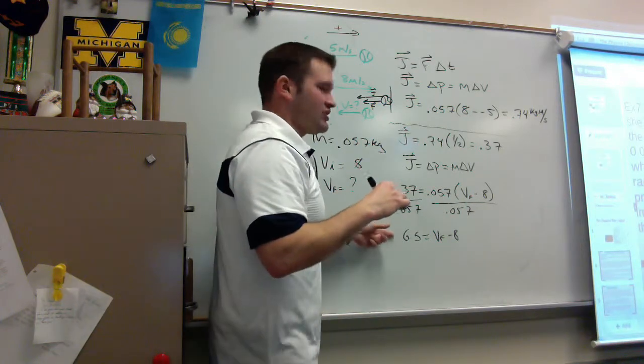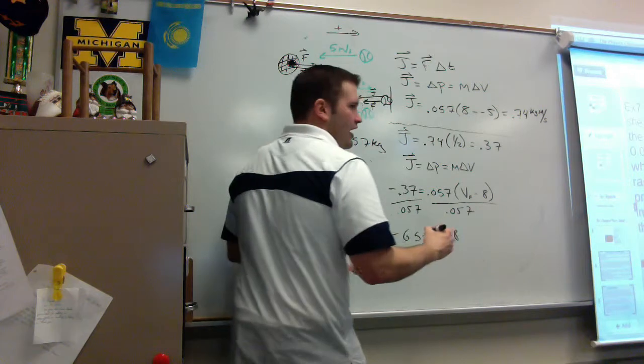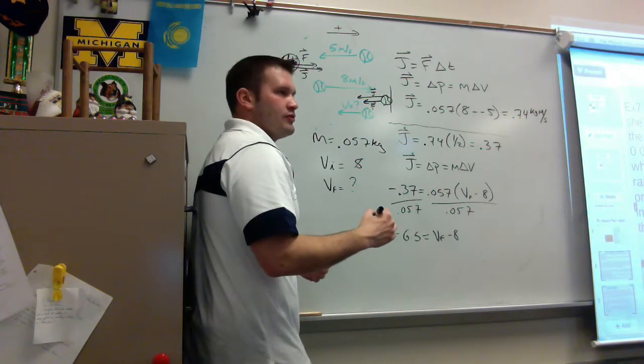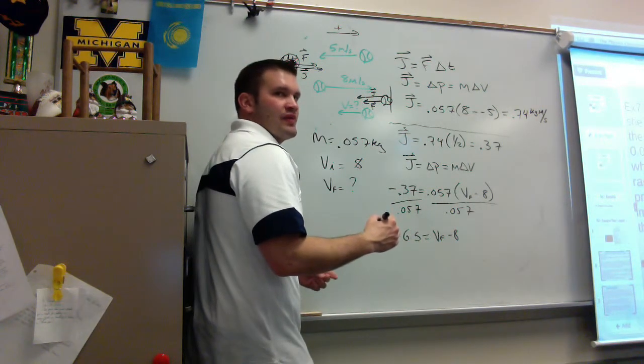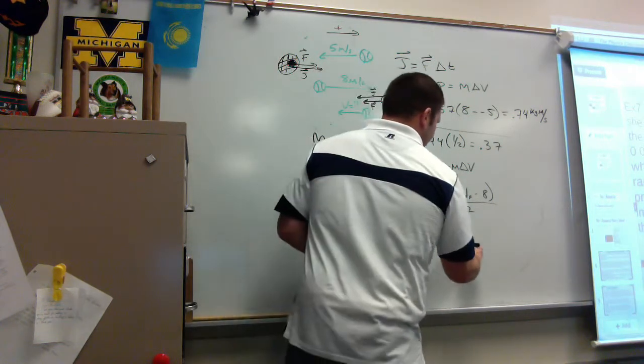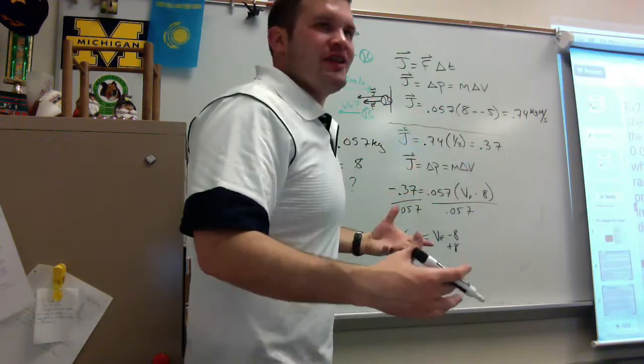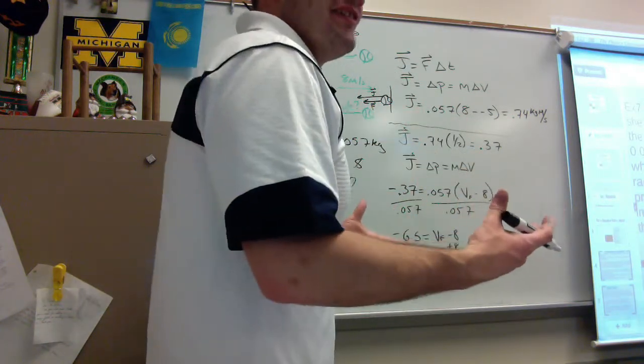Okay. So this 6.5, is it positive or negative? Negative. So what do I do now? Not subtract. Add 8. Guys, I know you know how to do algebra. Just tell me. Right?